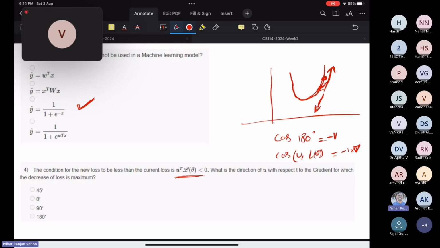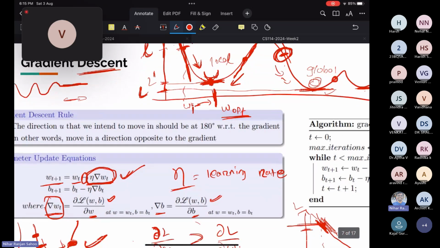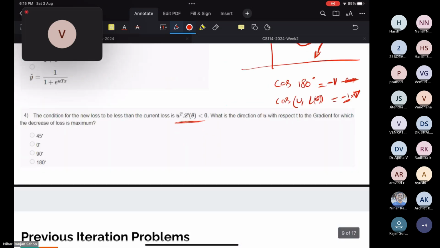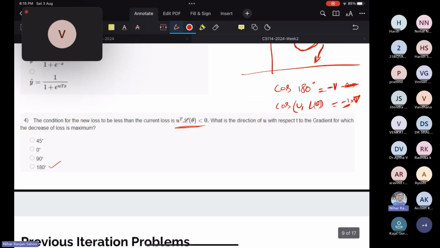Any other value between 90 and 180 will be some floating point number, like minus 0.7. The reduction will be highest only if you go in the opposite direction. That's why we subtract: that's the intuition behind W equals W minus eta times delta W. So the right option will be 180.